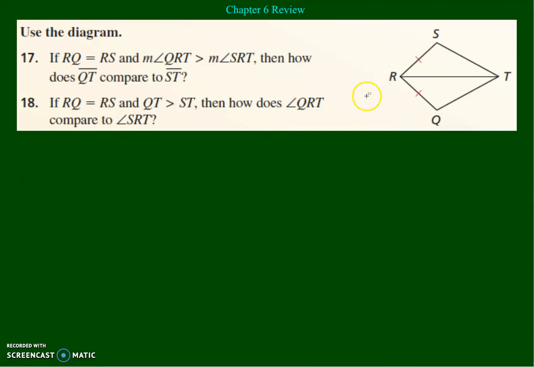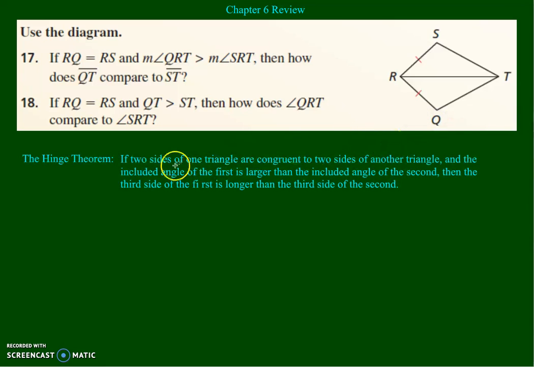Problems 17 and 18 employ the hinge theorem. The hinge theorem states, if two sides of one triangle are congruent to two sides of another triangle, and the included angle of the first is larger than the included angle of the second, then the third side of the first is longer than the third side of the second. So, here we have RQ congruent to RS, and RT is congruent to itself.